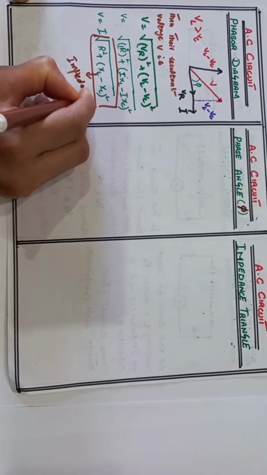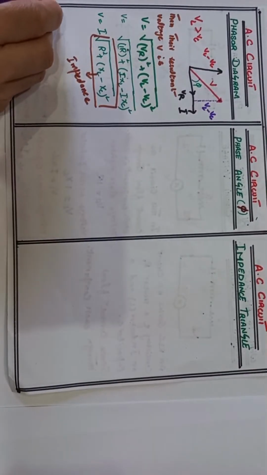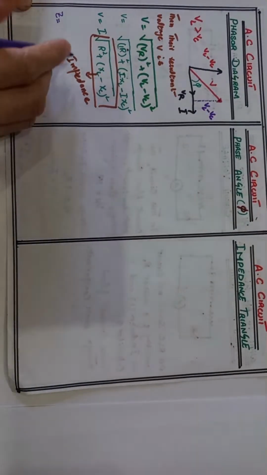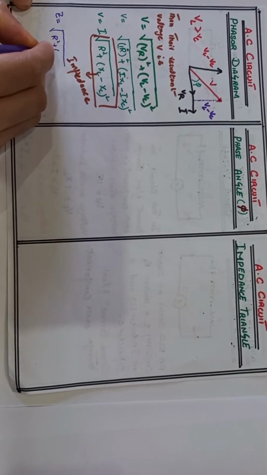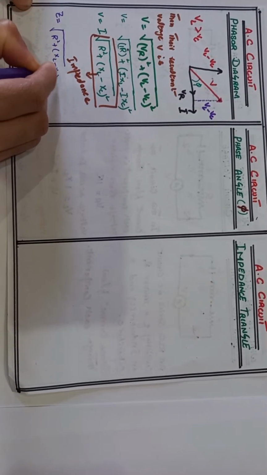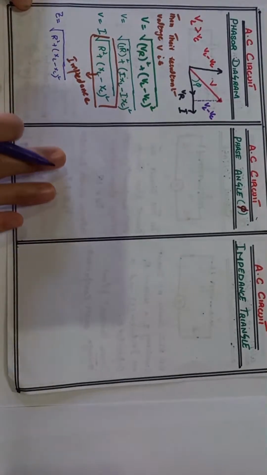That is the combined opposition offered to the flow of the current by the circuit. So here we write that this shows the combined impedance. The impedance formula is equal to the square root of R squared plus (XL minus XC) whole squared when connected in series.